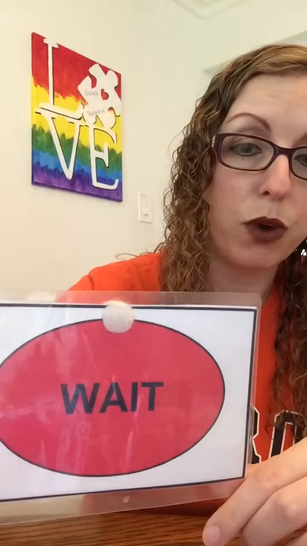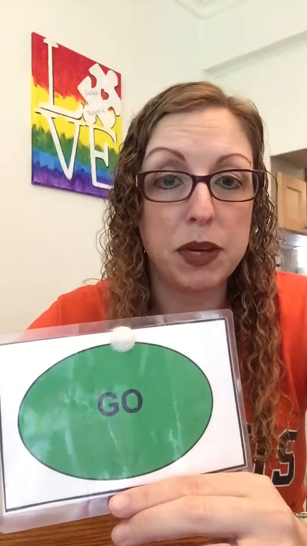So as a parent and as a teacher, as a therapist, you can utilize a lot of different visual aids to help teach different skills. So, for example, you have this, which is a red for wait, a green for go. So red and green are just kind of your natural stop and go, but you could use something like this for turn taking.